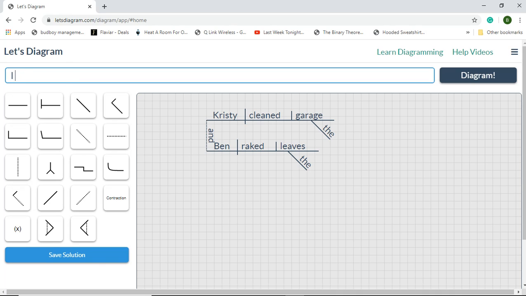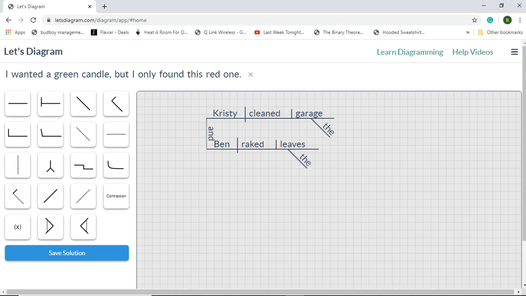All right, number 2. The sentence says, I wanted a green candle, but I only found this red one. Let's diagram it.